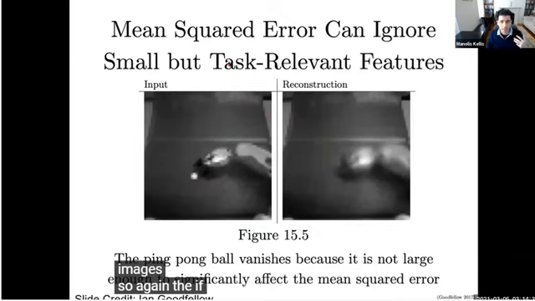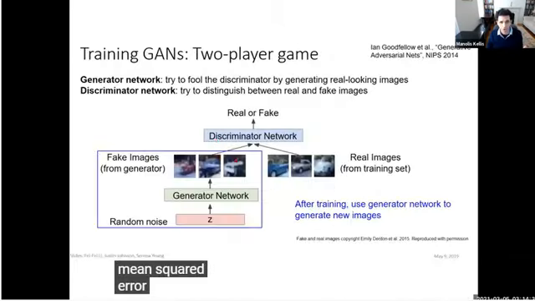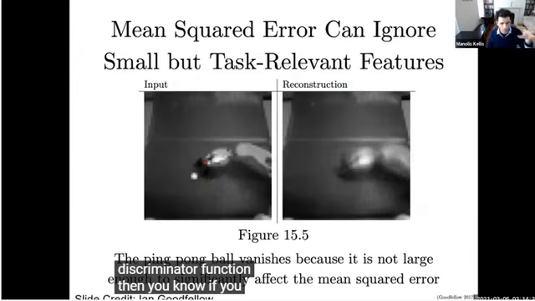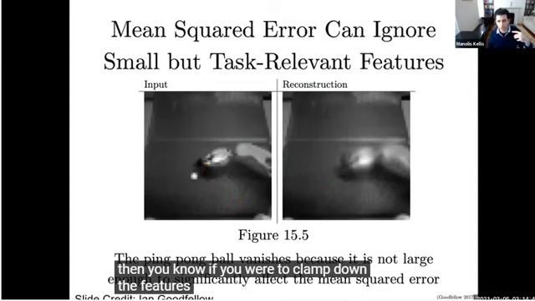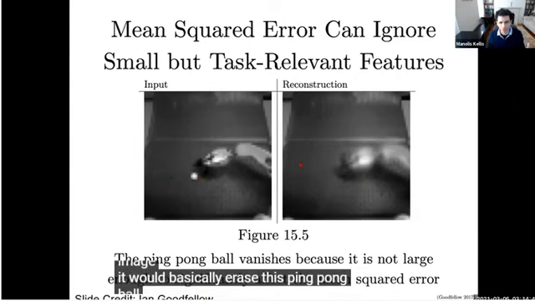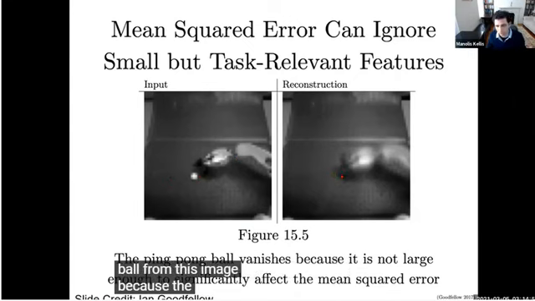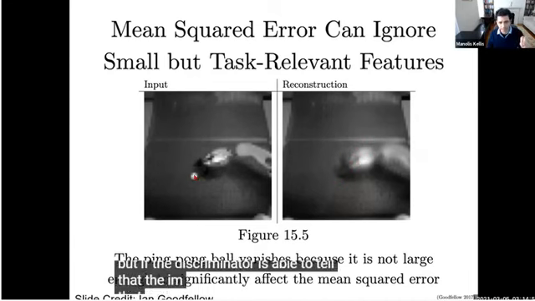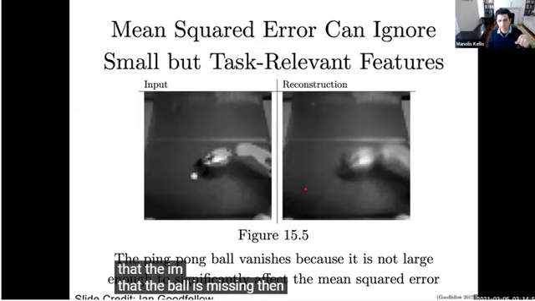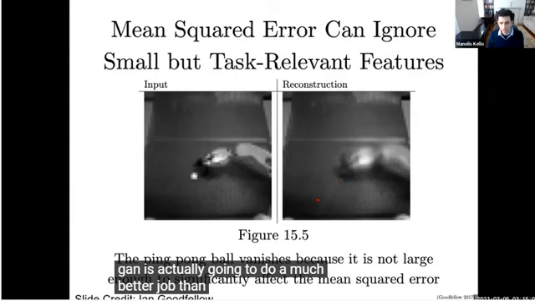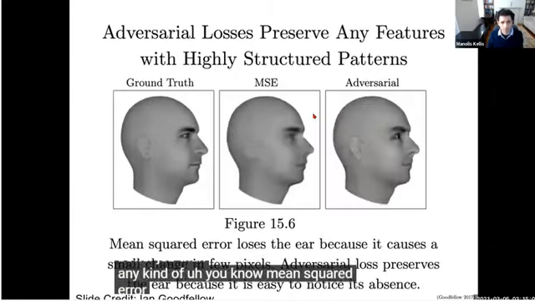So again, if you were just looking at mean squared error rather than having an actual discriminator function, and you were to clamp down the features of an encoder for that image, it would basically erase this ping pong ball from the image, because the error is relatively small. But if the discriminator is able to tell that the ball is missing, then the GAN is going to do a much better job than any kind of mean squared error.